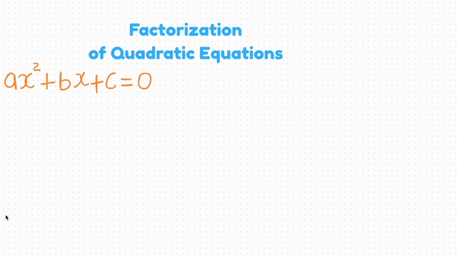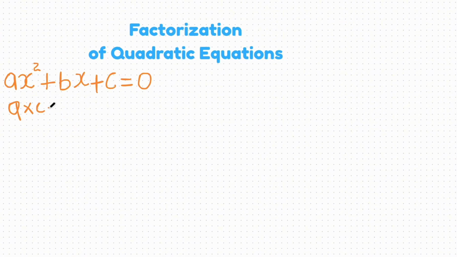In this video, we will be using the factoring method to solve quadratic equations that are in the format ax squared plus bx plus c, where a, b, and c are constants. The first thing we do, we multiply our a times c.